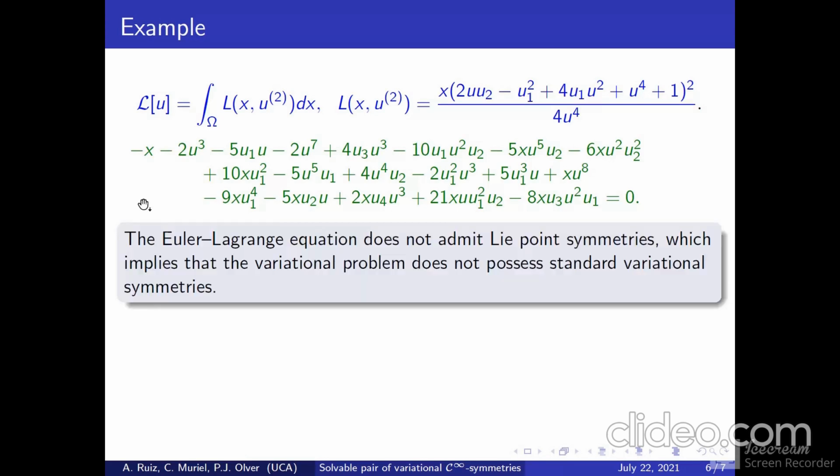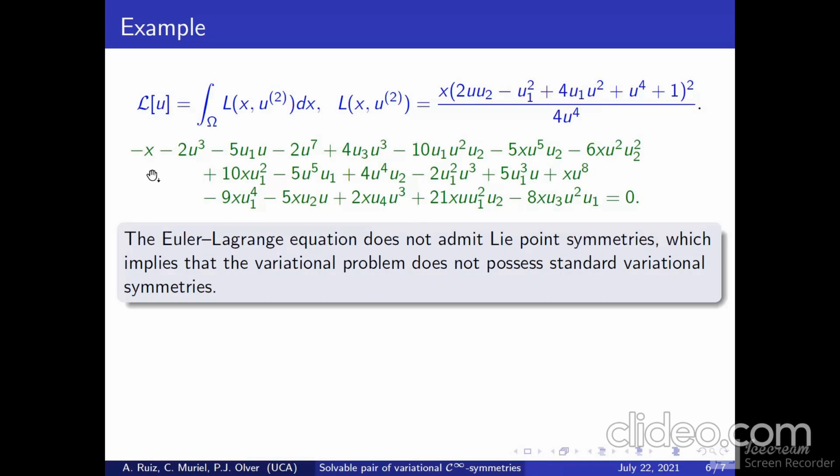And also, it can be checked that this Euler-Lagrange equation does not admit Lie point symmetries, which implies that the variational problem does not admit standard variational symmetries, because the variational symmetries are inherited as Lie point symmetries of the corresponding Euler-Lagrange equation. So here, in this example, at first sight, we do not have any standard methods to find some exact solution of this fourth-order Euler-Lagrange equation.